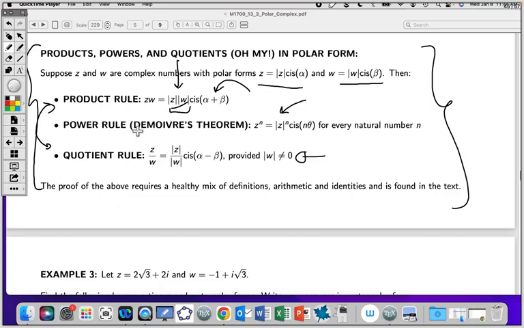So you can get the power rule and the quotient rule really the same way as you get the product rule. The power rule, once again, is just iterating the product rule n times. So let's actually go about and prove this. Let's prove the product rule.